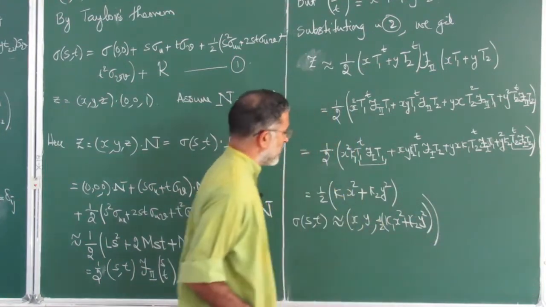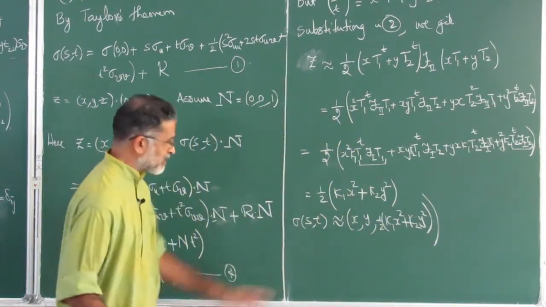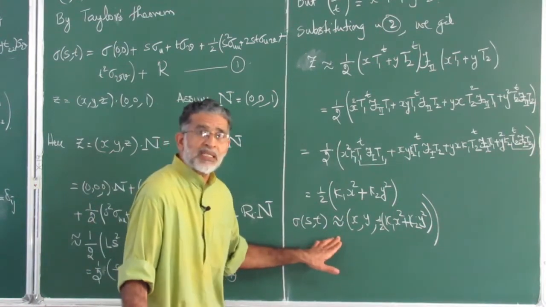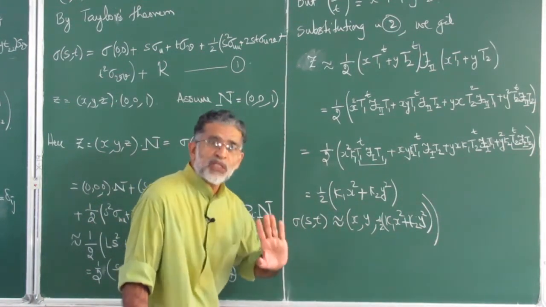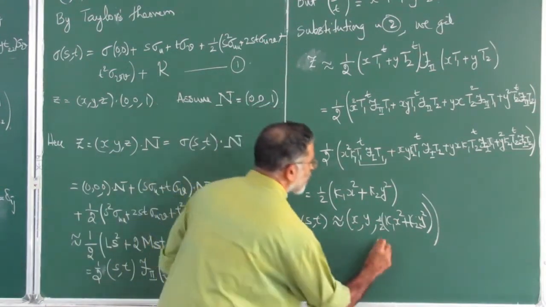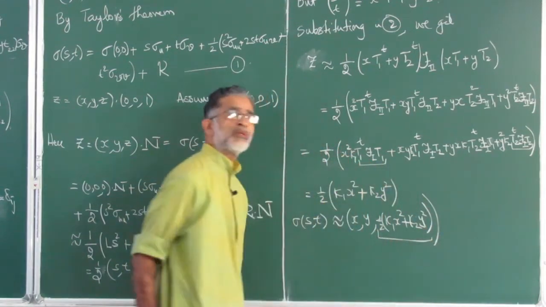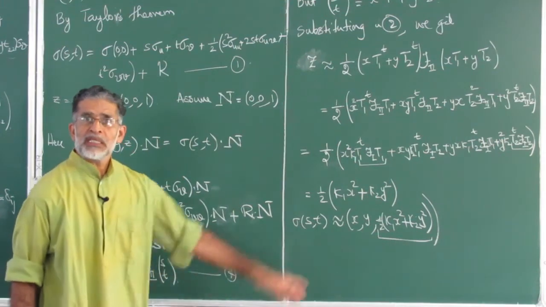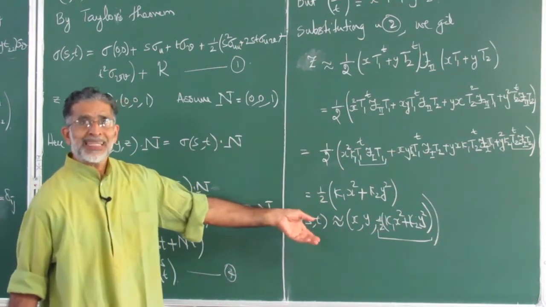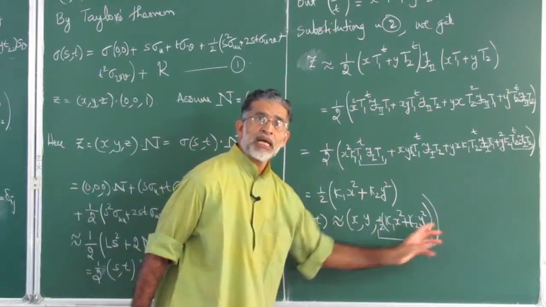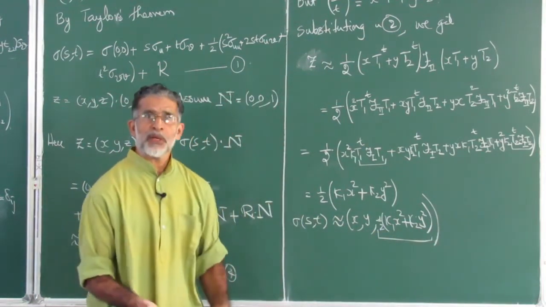So that is what we are getting. It's just approximately equal, but this gives you a lot. Your sigma is approximately the same as the graph of this function around 0, which is a very standard kind of function, a x square plus b y square. So it is a standard equation.